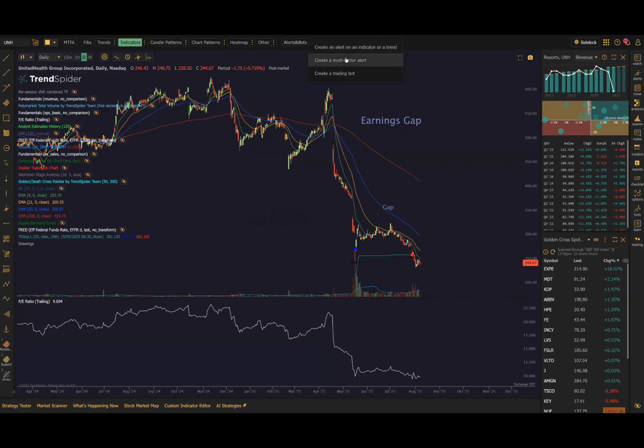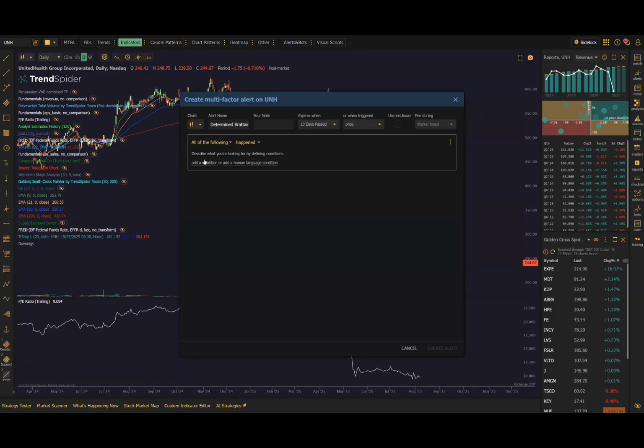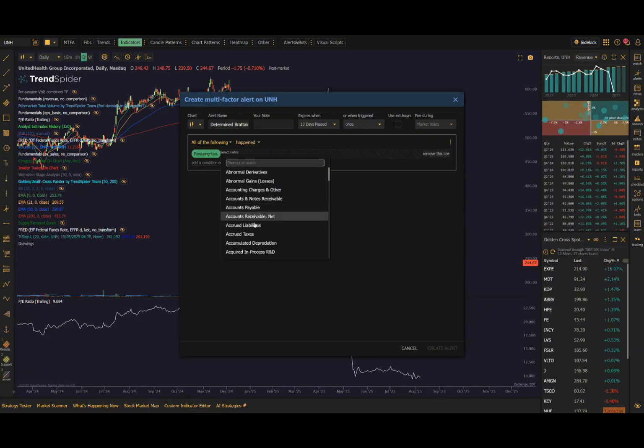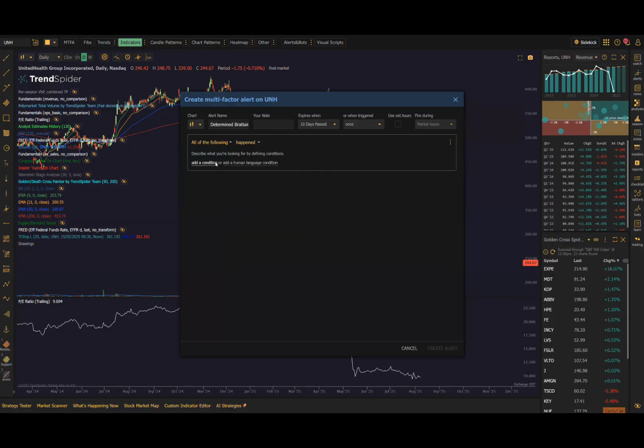Yeah, and this is where you can create multi-factor alerts. You can create alerts just how we built scans, with pretty much anything you want. With fundamentals, you can get alerted for fundamental changes, which is kind of cool. You can get alerted for candlestick patterns, indicators, relative performance, and combine a bunch of things into a single alert.